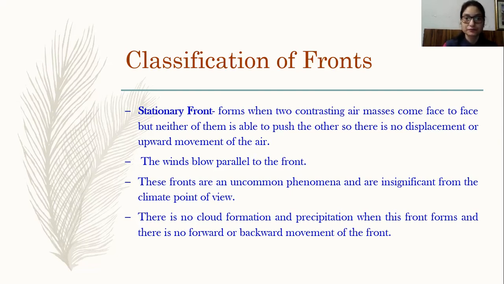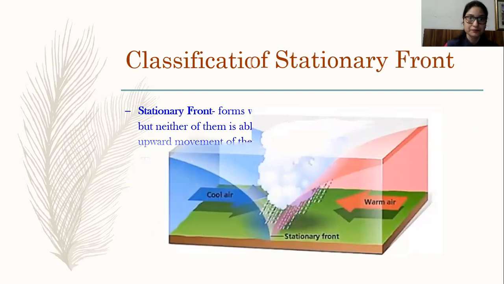Even if cloud cover and precipitation happen, they are very negligible, and generally they do not happen. Whenever there is stationary front formation, there is neither forward movement of the front nor backward movement of the front.